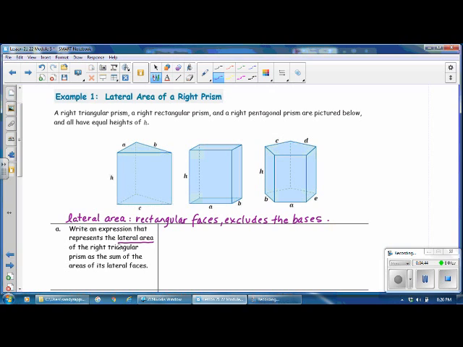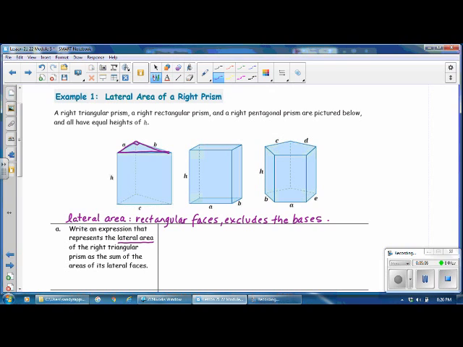So first we're going to do the right triangular prism, and it is right over here. It's a right triangular prism because the base is made of a right triangle. What makes it a prism is that the top and bottom are parallel and congruent to each other and connected by the height.